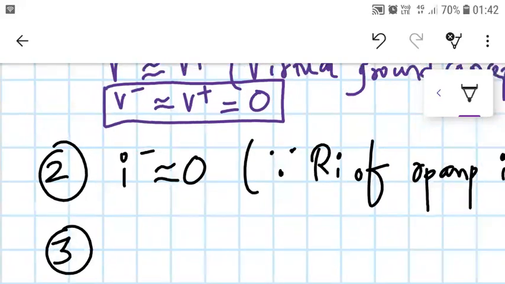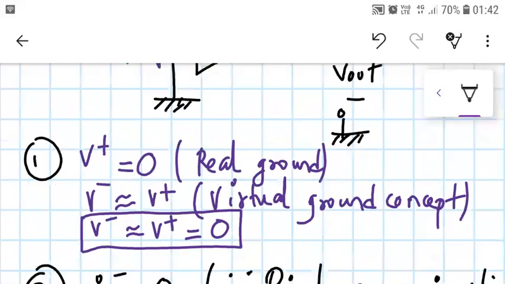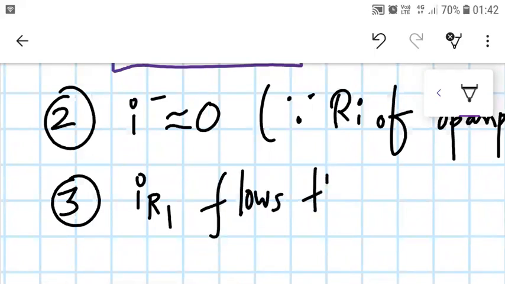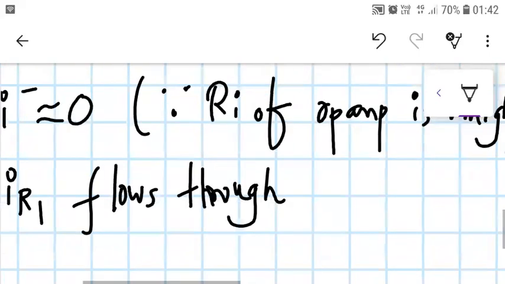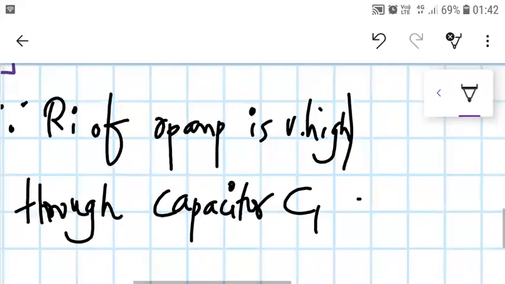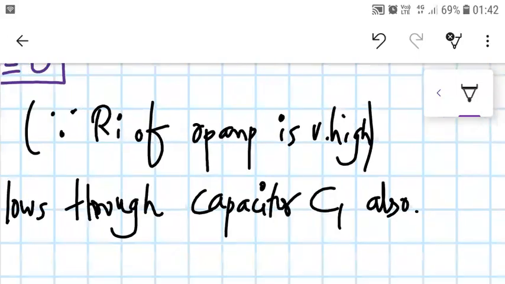Step number 3 will be that IR1, the current flowing through the resistor, flows through the capacitor C1 also. Okay, that's our next point.